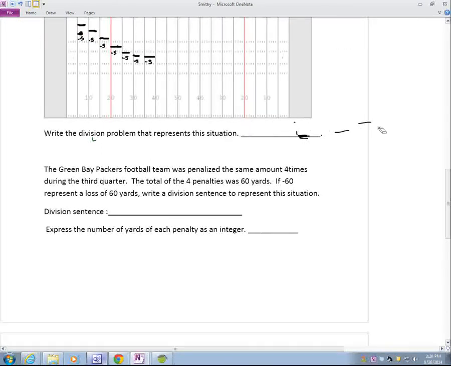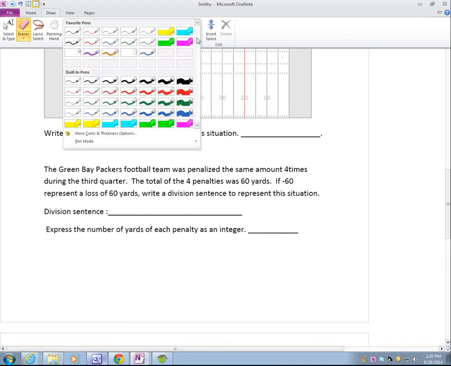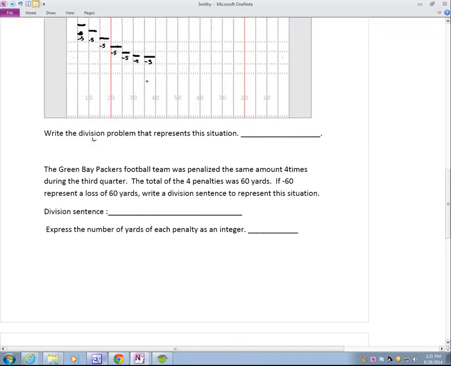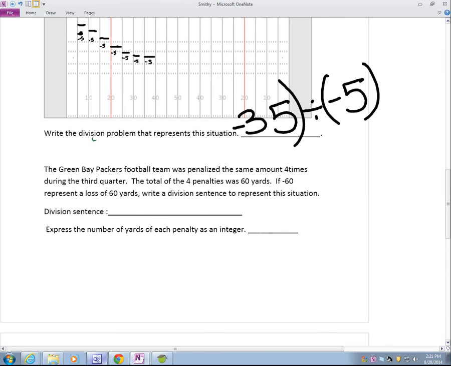They lost 35 yards at -5 per penalty, which equals a total of positive 7 penalties. Okay?